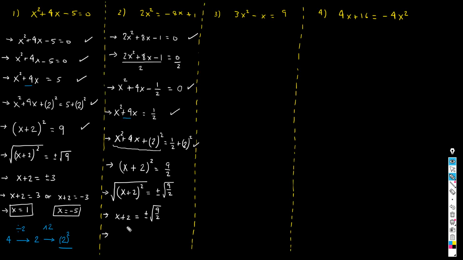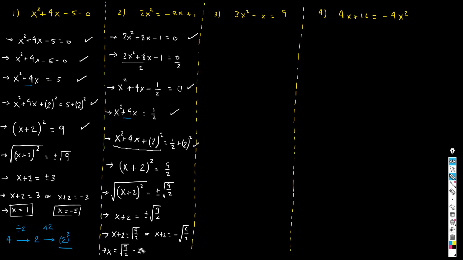And finally, what you end up with is two equations that you have to solve, which is x plus 2 equals the positive root of this number, or x plus 2 equals the negative root of 9 over 2. And finally, isolate x. x will be the square root of 9 over 2 minus 2. That is one of my solutions.